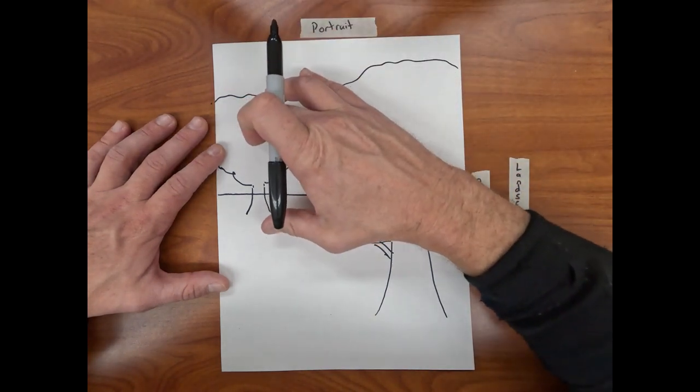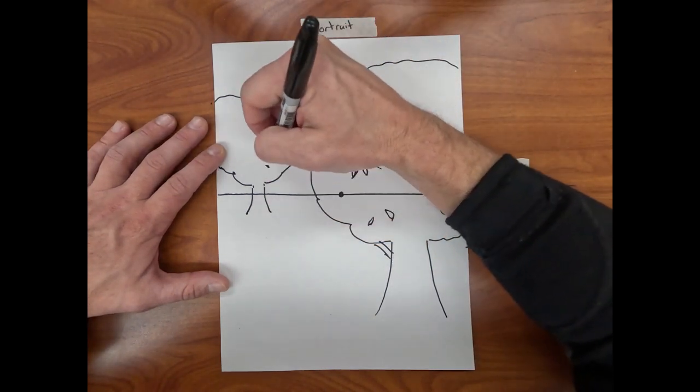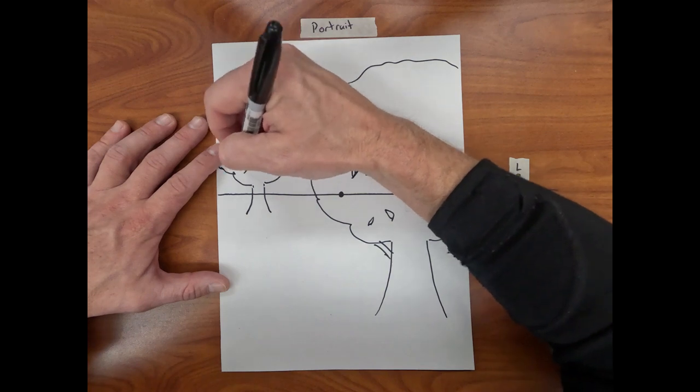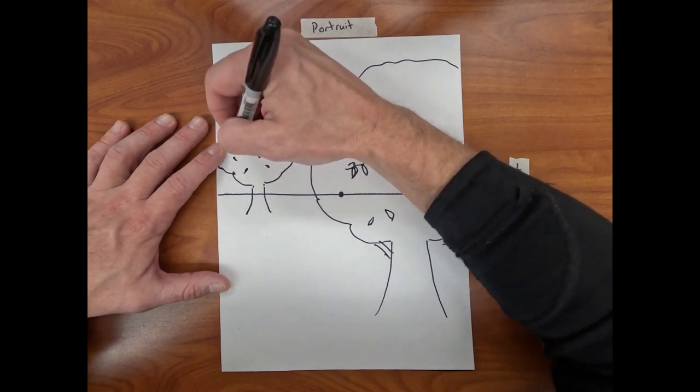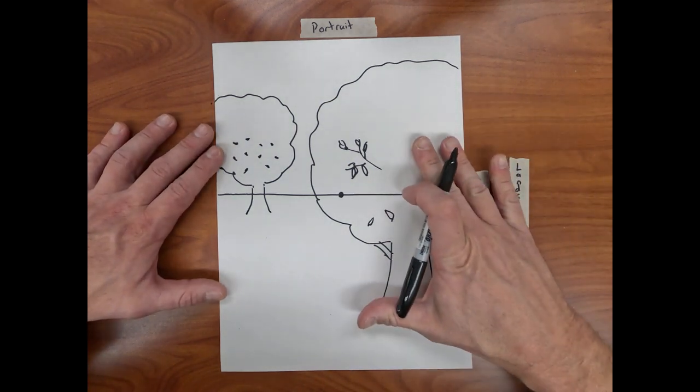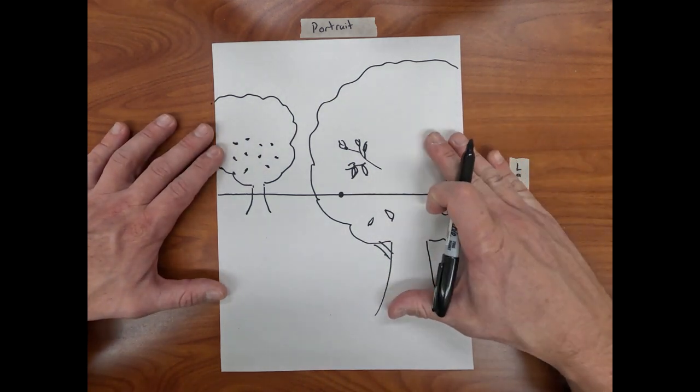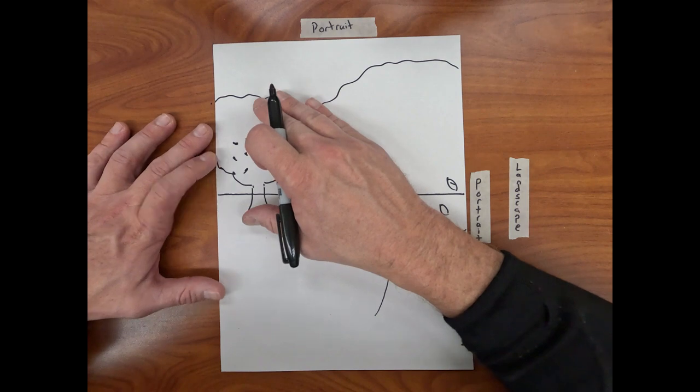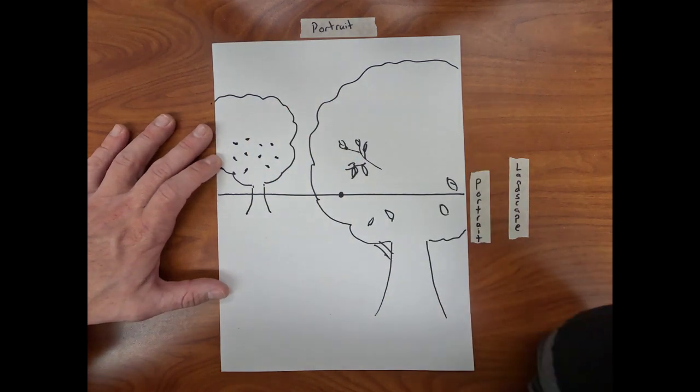Whereas this one that is farther away might just have specks for leaves. So the closer things get, the more detailed they get. The farther away they get, the less detailed they are.